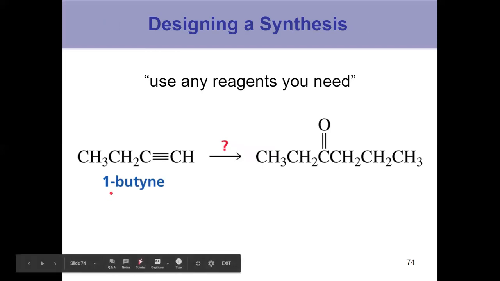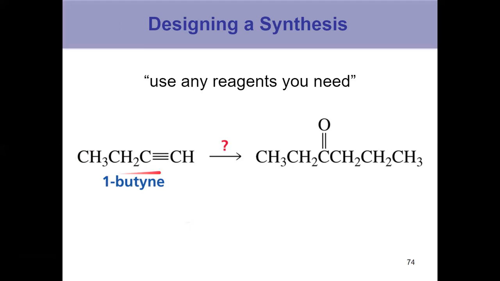So what's the focus? The first one that you're given is discovering how to take 1-butene and make a ketone over here. So you think to yourself, I'm going to work backward. Consider my ketone that I have here on the right, and then you do, remember this term from earlier, a retrosynthesis or a retrosynthetic analysis.